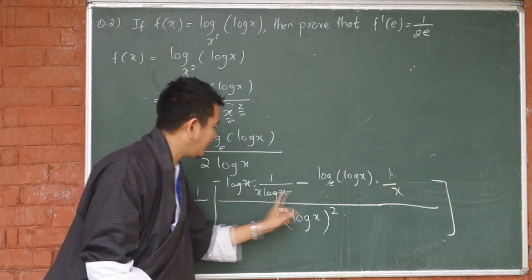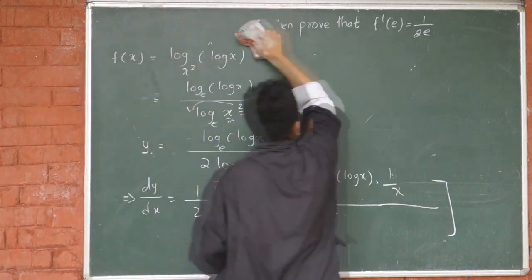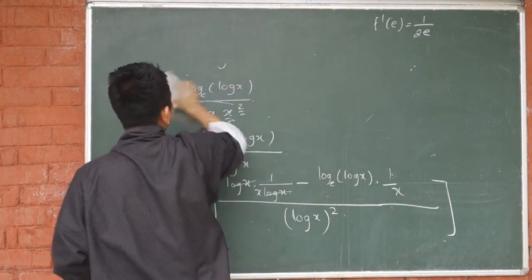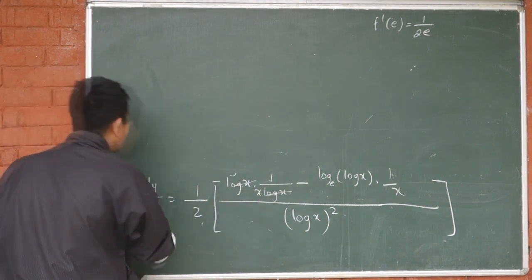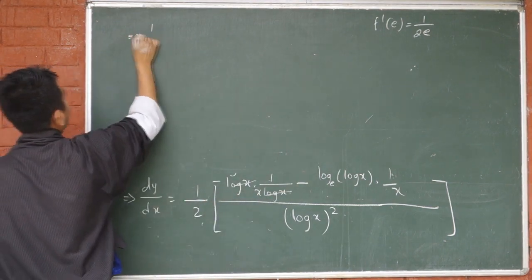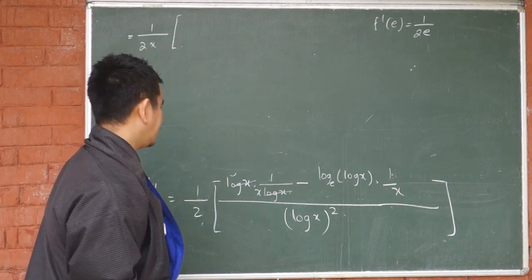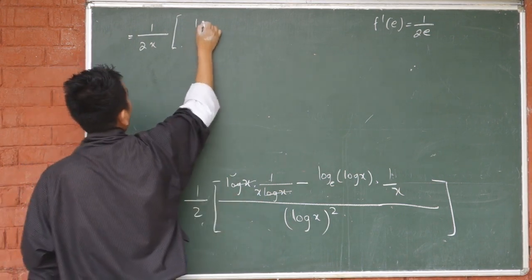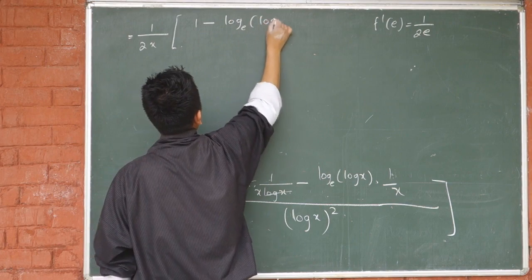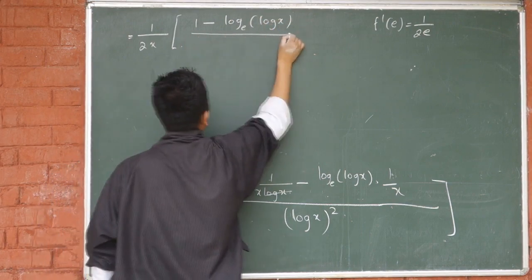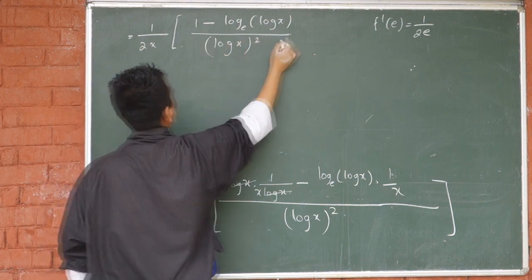So here in the numerator, what is common? 1 by x is common, isn't it? So since 1 by x is common, check that 1 by x common outside. We have 1 by 2x, and if I take 1 by x common outside, what am I left with? 1 minus log to the base e of log x divided by log x whole square.